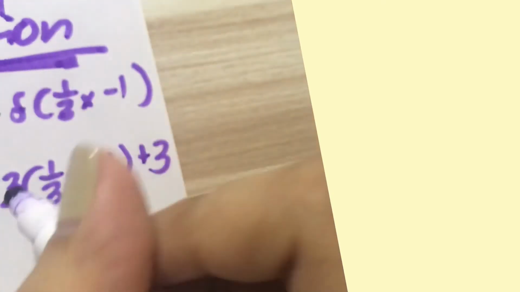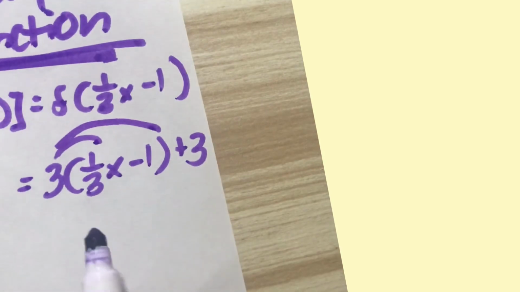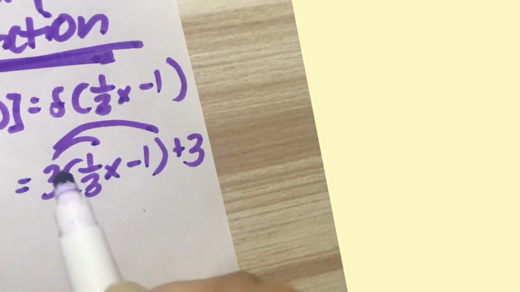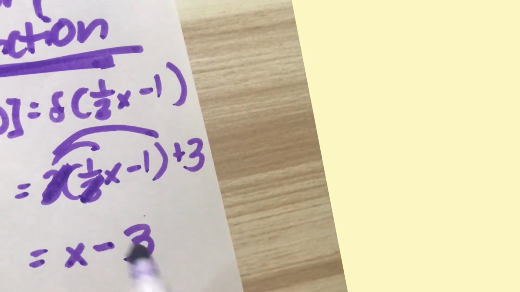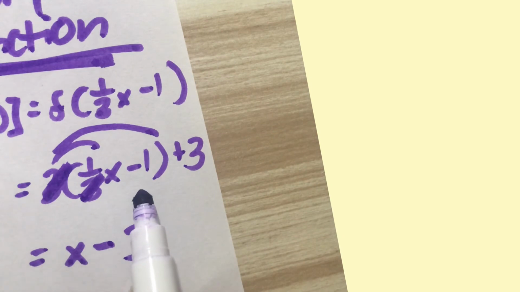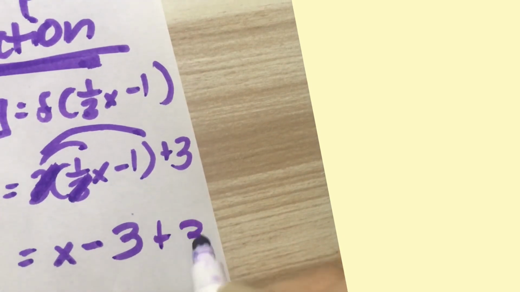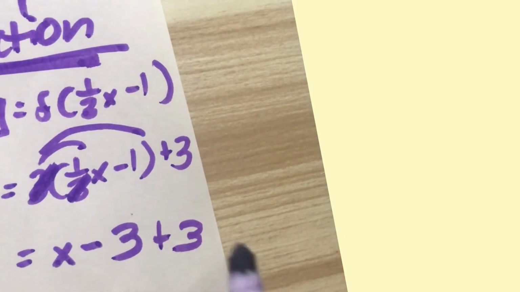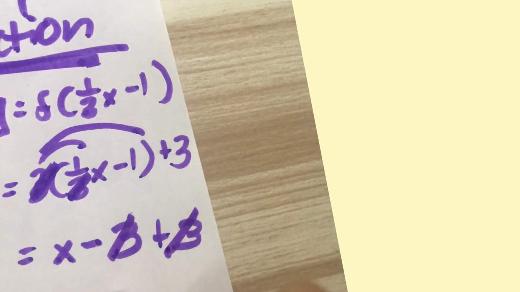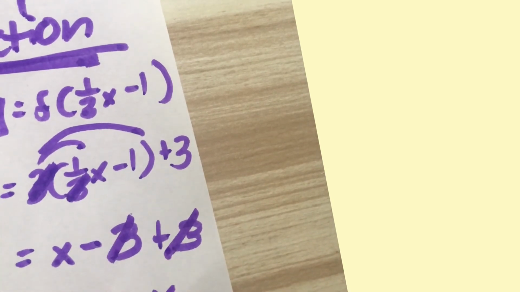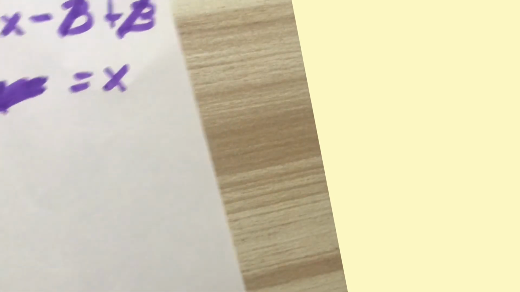So that will be 3 multiplied by 1 over 3x minus 1. Distribute 3, but we could actually cancel it, leaving us with x minus 3 plus 3. So we actually got negative 3 because we multiplied 3 times negative 1. So we cancel out negative 3 and 3, leaving us with x.